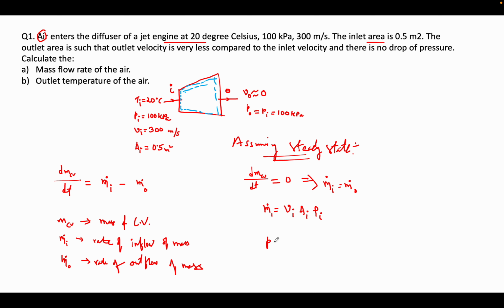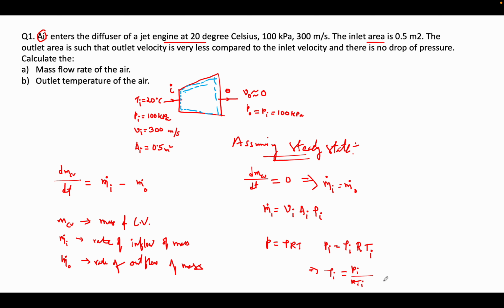Now we know the ideal gas equation is P equals rho R T. In the initial state, P i equals rho i R T i. R will be the same for all, whether inlet or outlet, that's why I'm keeping it as R. So putting this value, my rho i will be P i by R of T i.